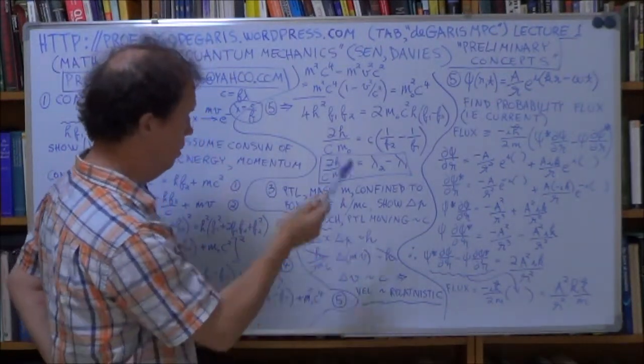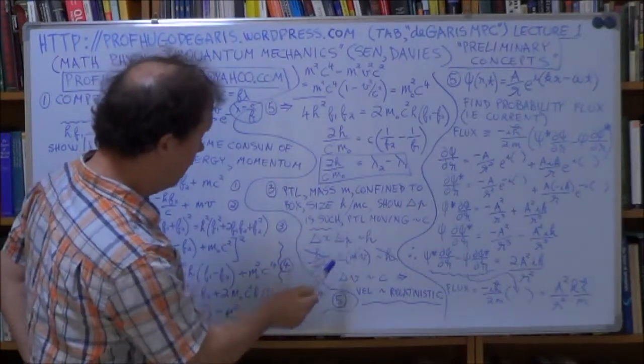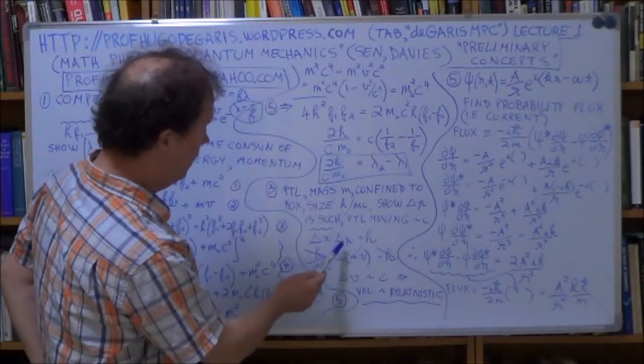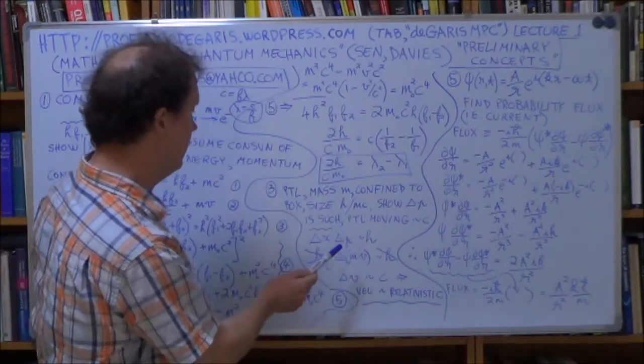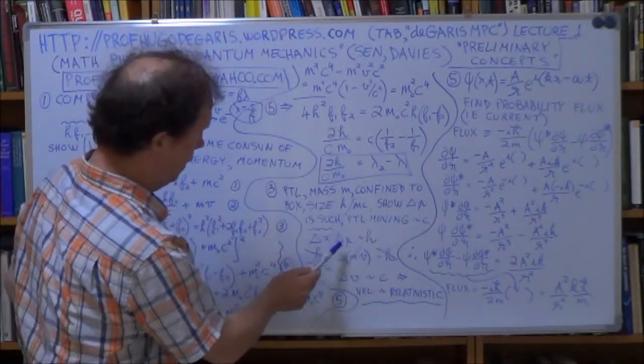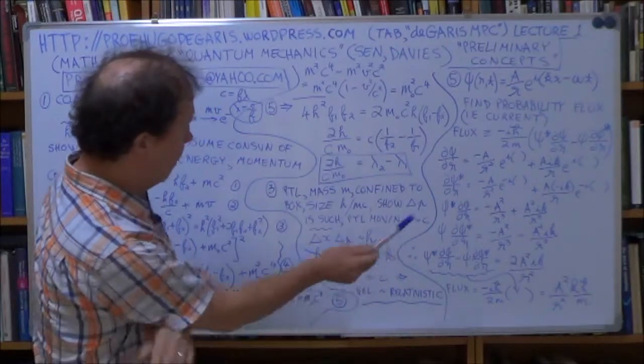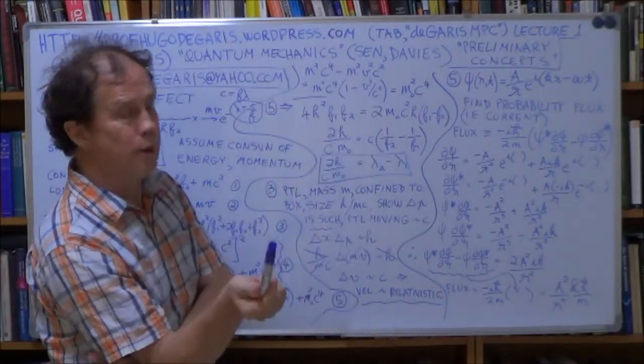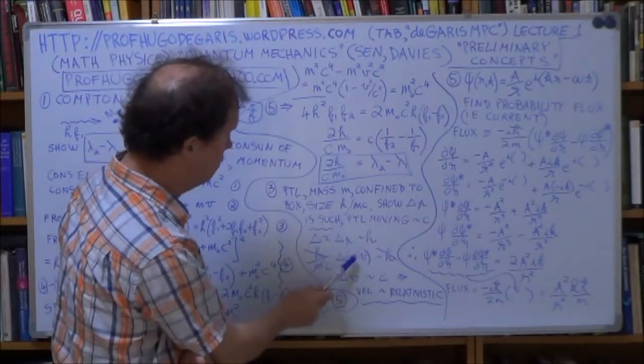Well, delta x, we just plug this in, so h over mc. Now the momentum will just be the uncertainty in mv. That's what the momentum is, by definition, just the mass times the velocity. So for p here, just put mv.